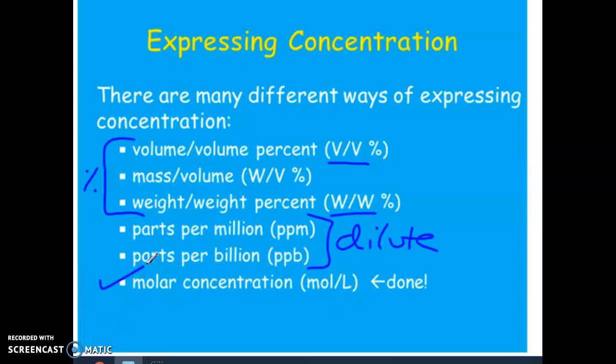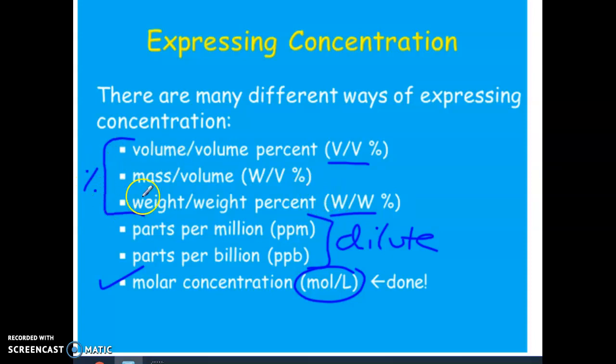So why do we have so many different ways of expressing concentration? It depends on what you're working with. If you're in a chemistry lab, you're using moles per liter, okay, always. But not everyone knows what a mole is, or they might have taken grade 11 chemistry like 20 years ago, so they may not remember what a mole is. So actually, percentage, most people can understand when we say something is 50% or 75% of a solute.